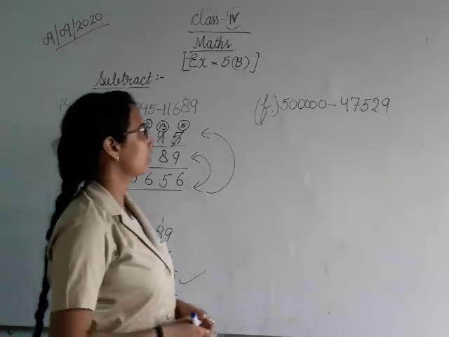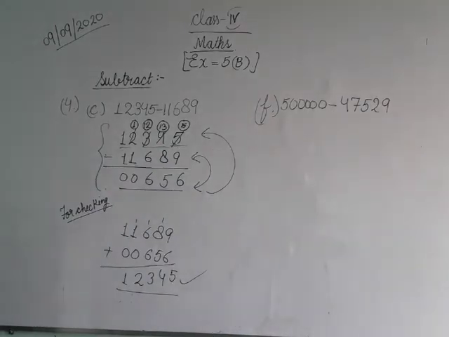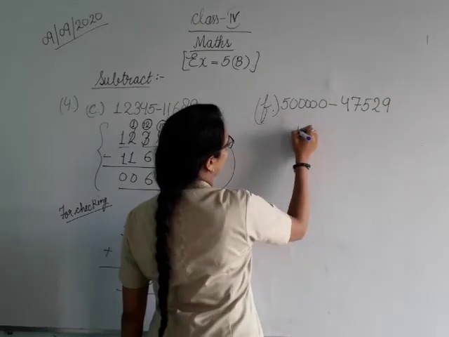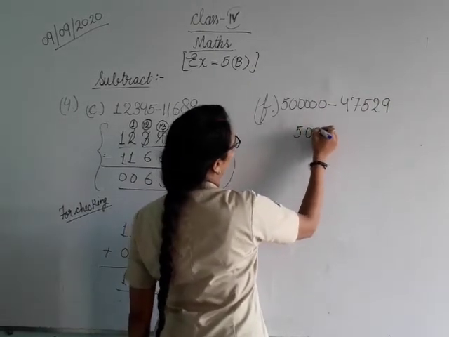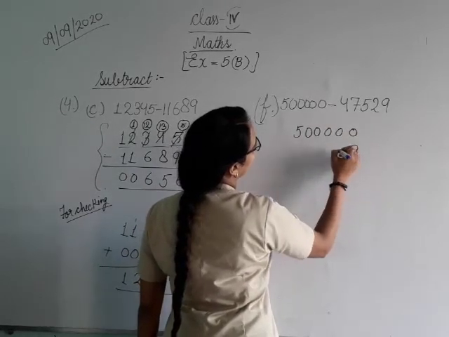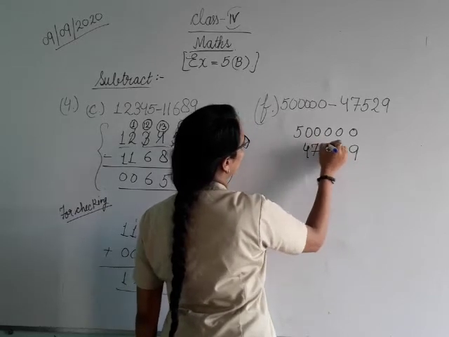Now coming towards our next part, which is the F part. I have already written the question. First of all, we have to follow the same steps. This is 5 lakh. We have to arrange it in column method. 9, 2, 5, 7 and 4.